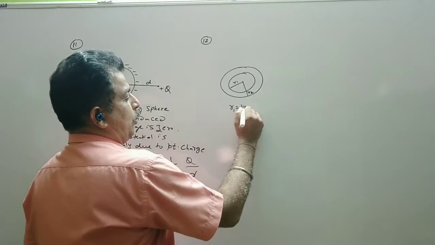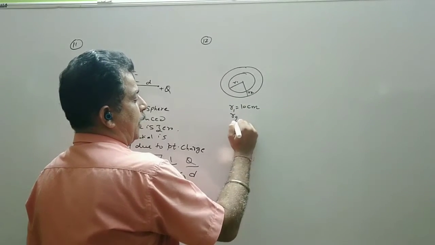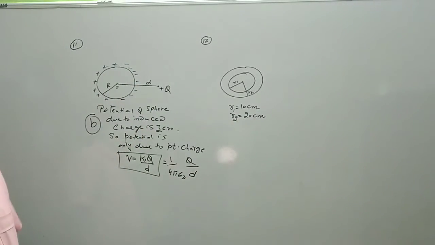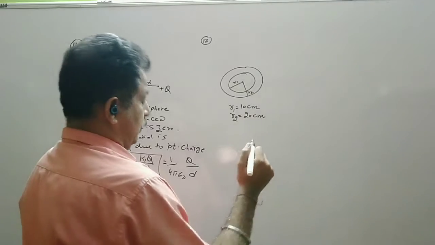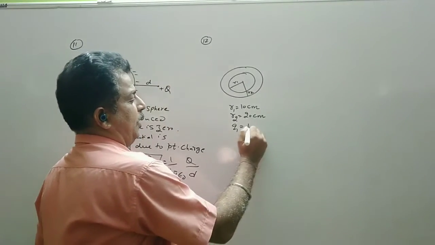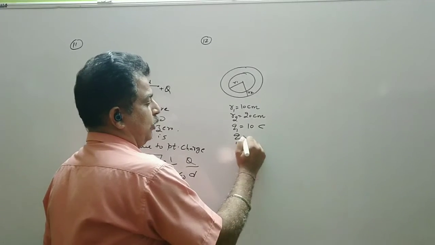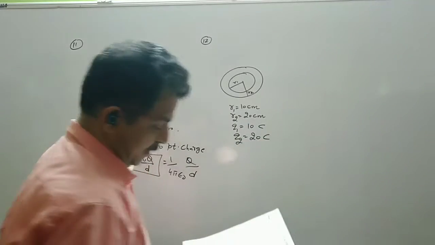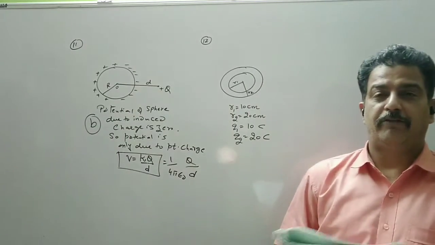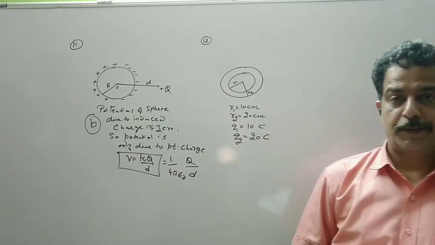So R1 is equal to 10 cm and R2 is equal to 20 cm. The charge given on the inner sphere is 10 coulomb and that on the outer sphere is 20 coulomb. We have to find the potential difference between these two spheres.